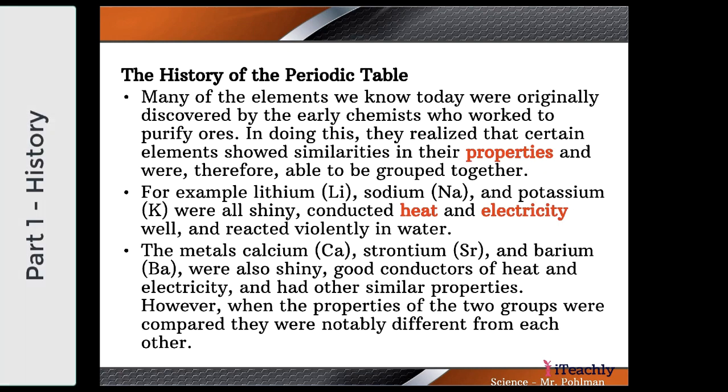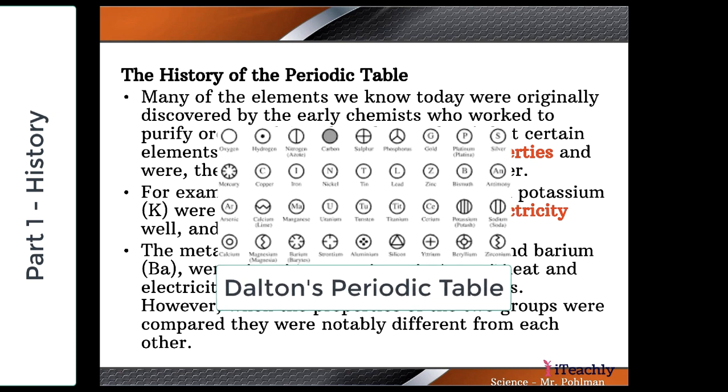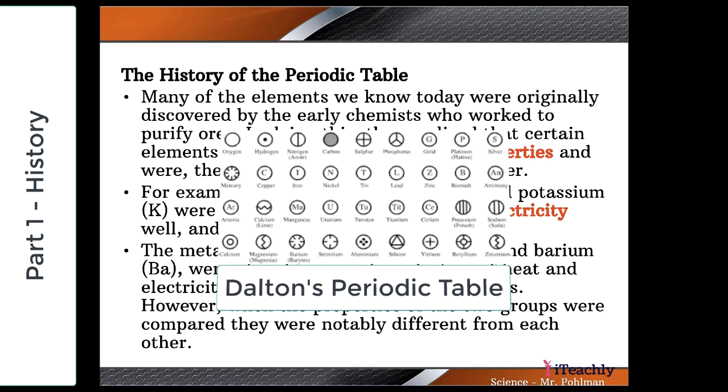Now, let's start off with the history of the periodic table. The history of the periodic table, it has changed as we have had new technology and new elements being discovered. All right, in the early 1800s, we didn't have a very large, extensive list of elements known at that time.